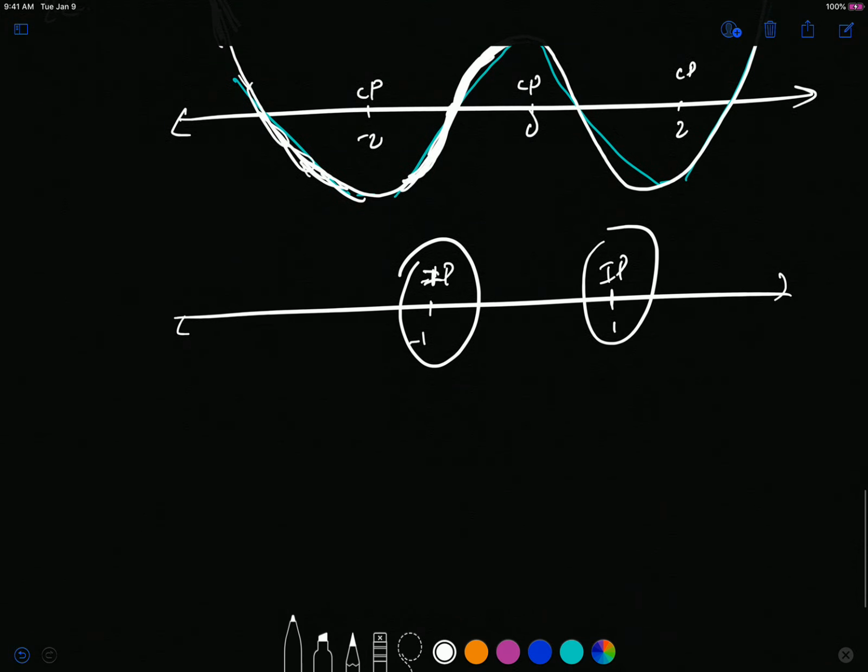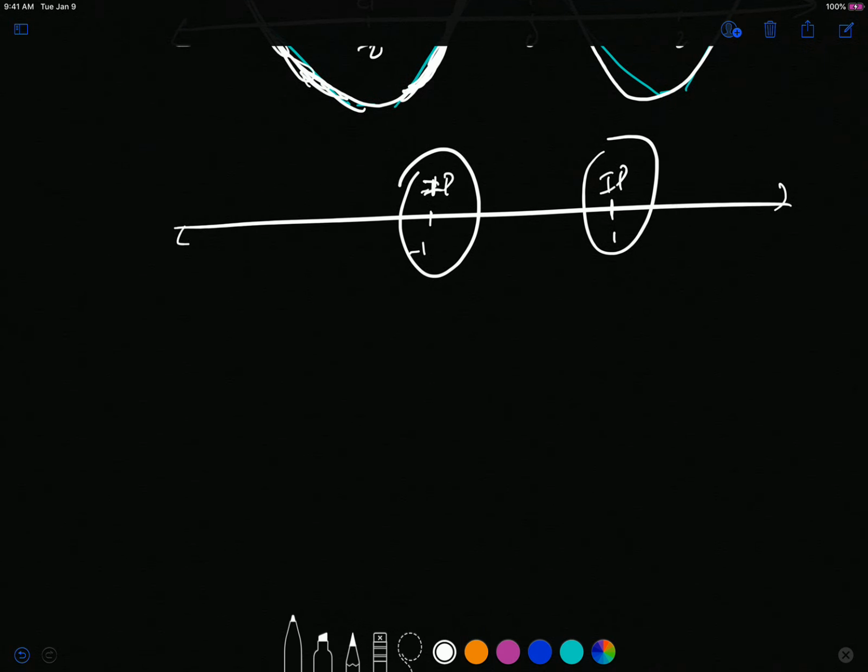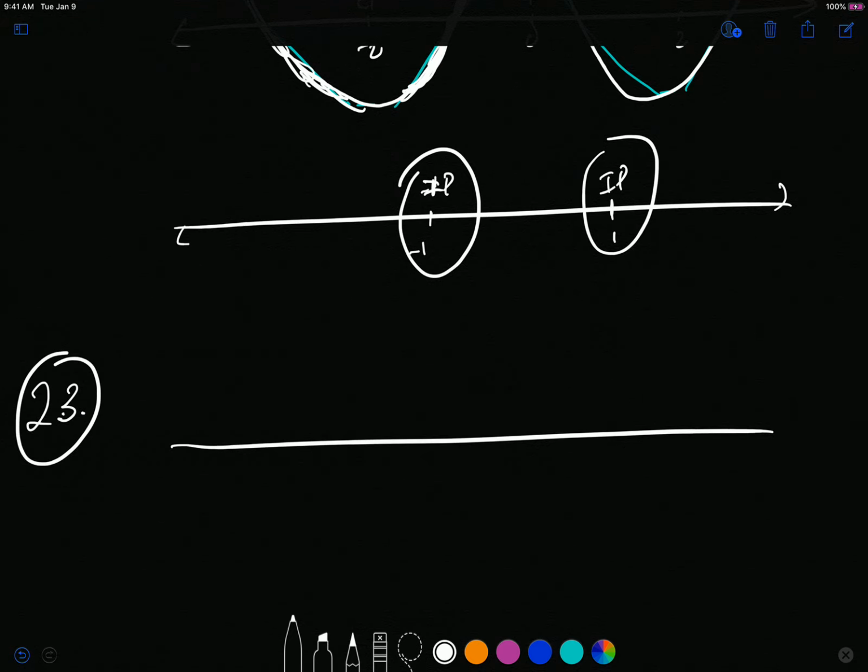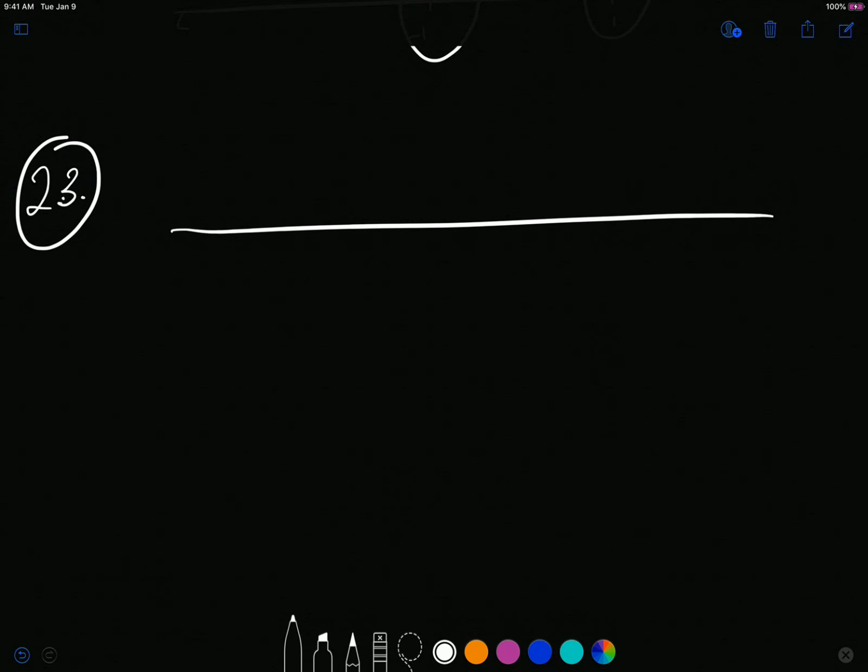All right, number 23 is a little bit trickier, but it's the same idea. Number 23, I first start out by putting together the sign chart for the first derivative. At -4 the graph is increasing, and then it's decreasing until -2, and then it's increasing until 1, and then after 1 it's still increasing.